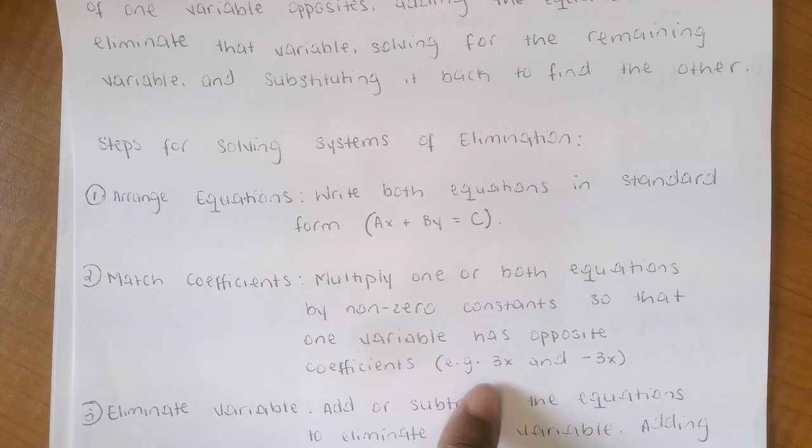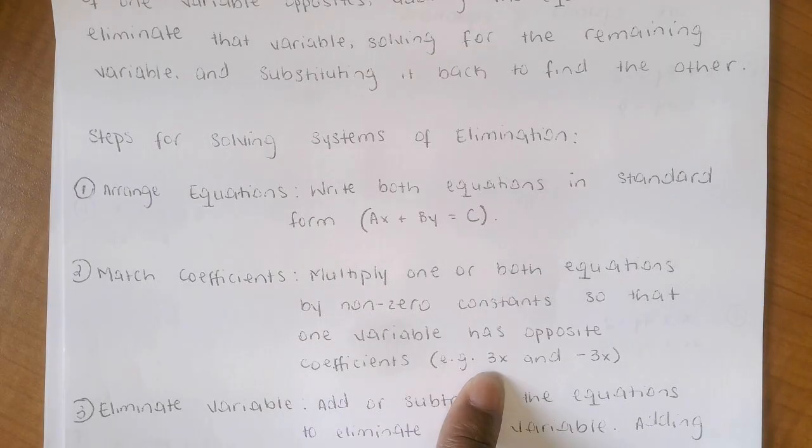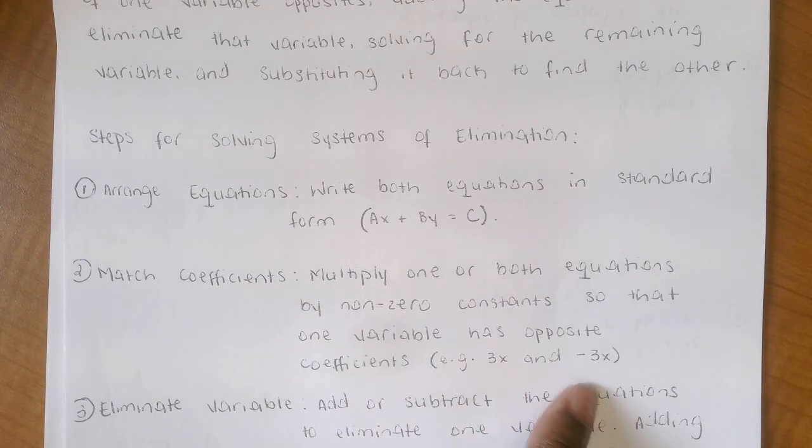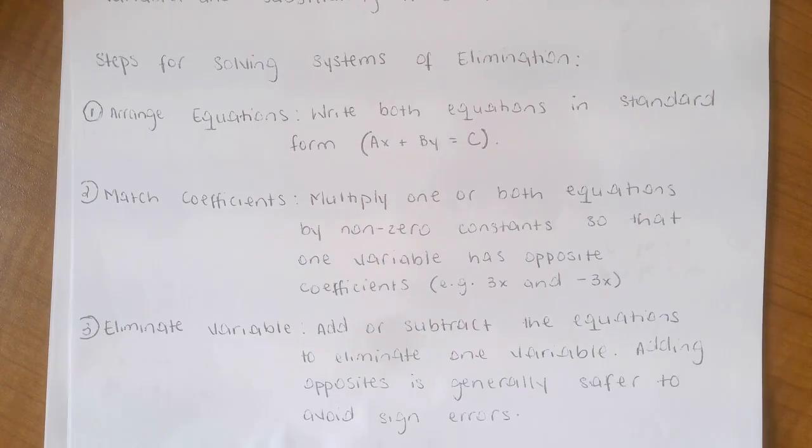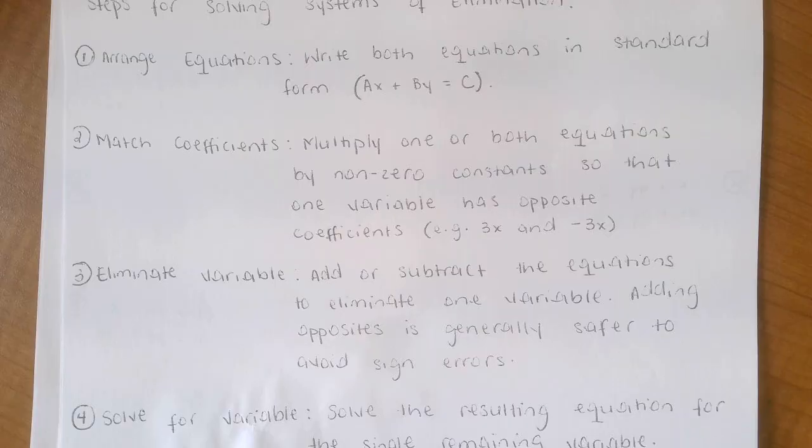An example would be if one has 3x, the other has to be negative 3x. You want them to have the same coefficients but different signs. 3. Eliminate variable. Add or subtract the equations to eliminate one variable. Adding opposites is generally safer to avoid sign errors.